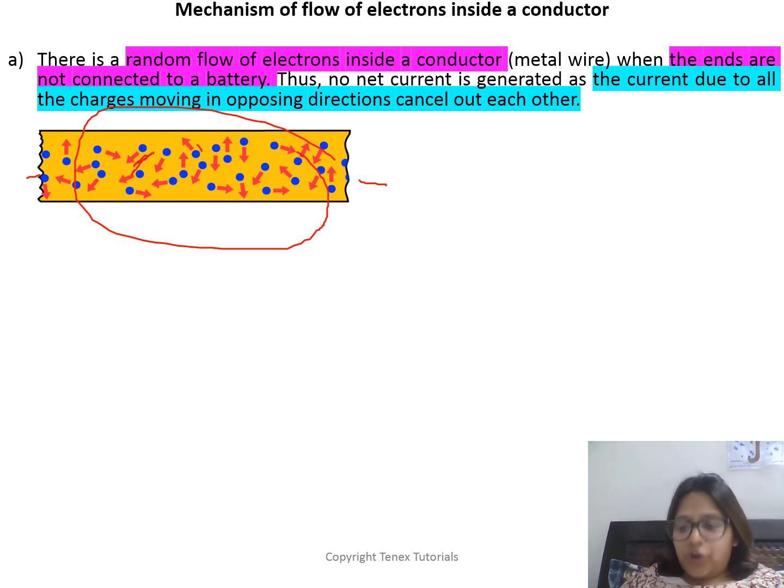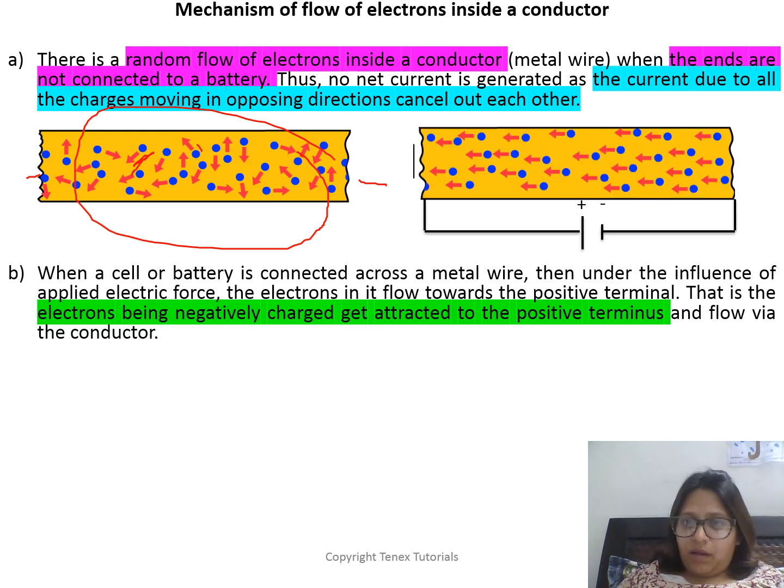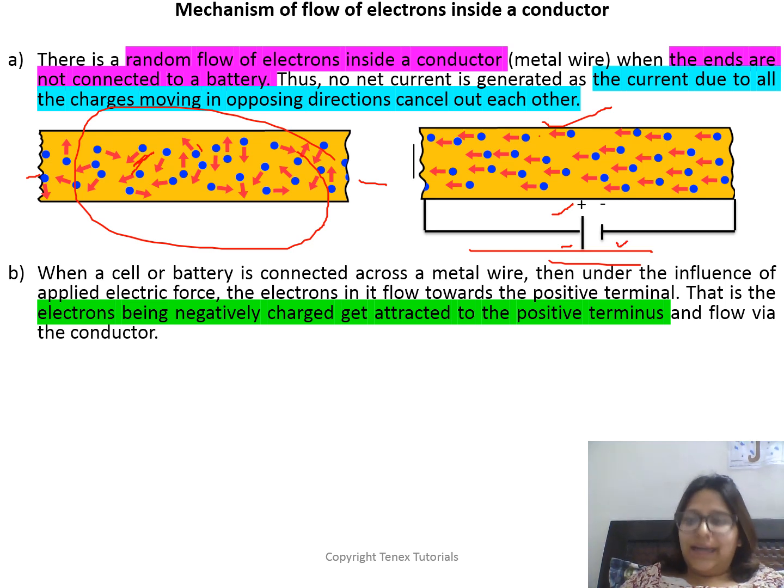So it is very important that if we want some current to flow through this conductor, it should be connected with a battery. The moment we connect it, you will see there is a positive terminus and a negative terminus of the battery. The longer line is the positive terminus and the shorter line is the negative terminus.